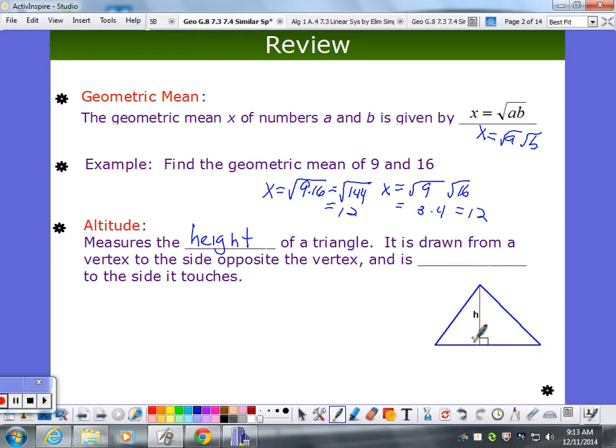What word am I looking for there? Definitely perpendicular. So that first little paragraph there, the second bullet, measures the height of a triangle and is perpendicular to that opposite side that it touches. Yeah, review, we know this.